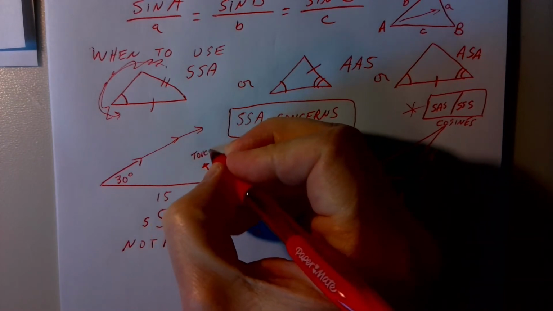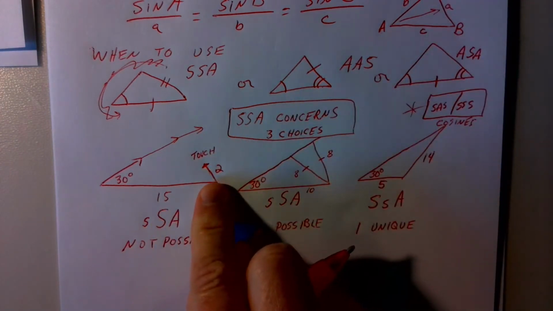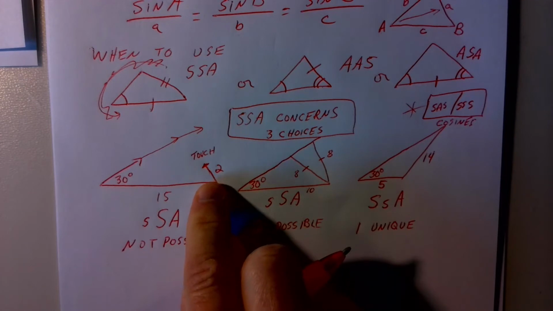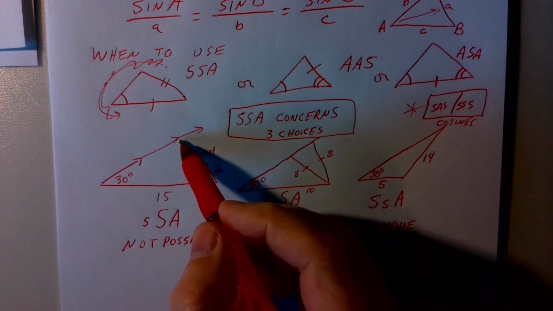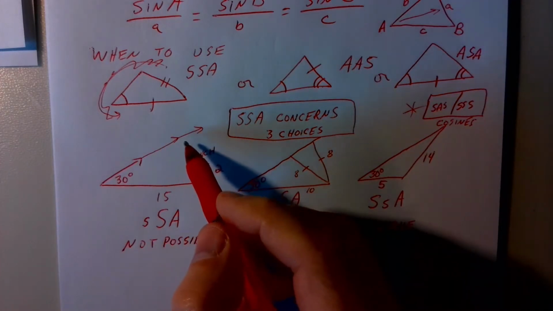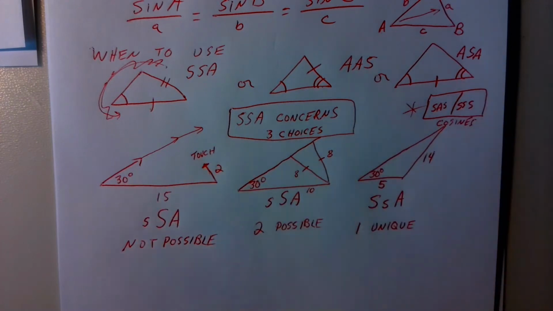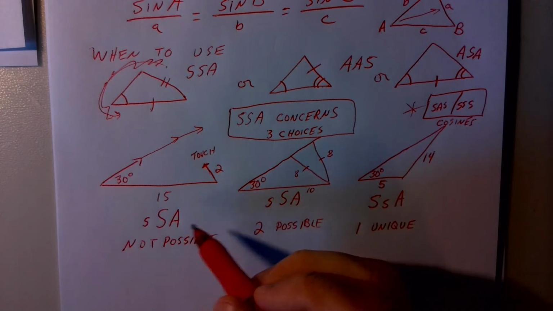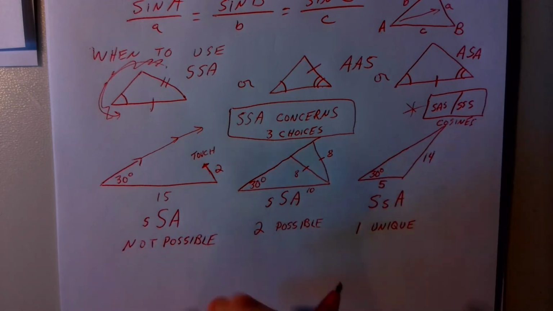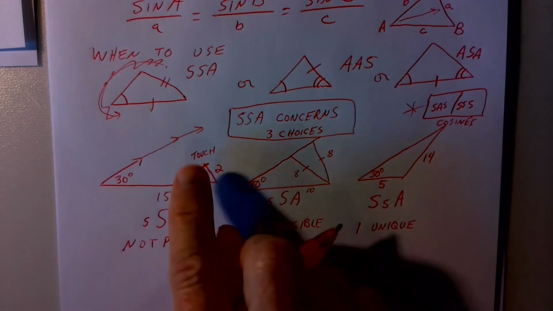It's too small. What happens with this is if you were trying to solve for the angle that's up here, and you did sine of missing angle over 15 equals sine of 30 over 2, you would see that it gives you something that's out of range, and it's not possible. Okay, so algebraically doesn't work. Visually you can see it's just not long enough to touch.